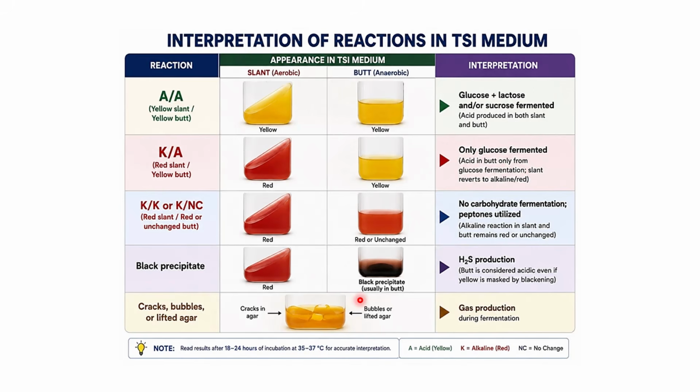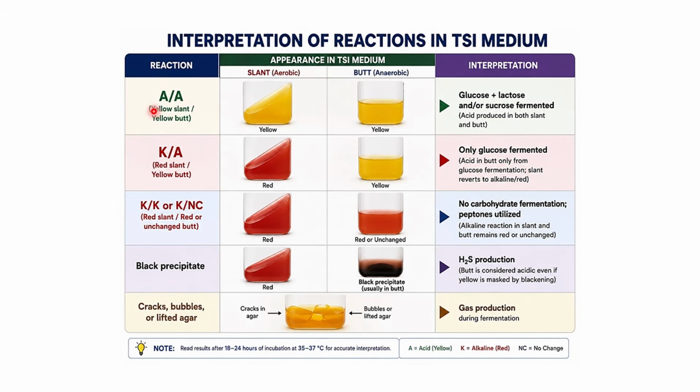And one key thing that we also have to note is that the A over here means an acidic medium and it is indicated with a yellow color. The K means an alkaline medium, which is represented with a red color, and NC means no change.